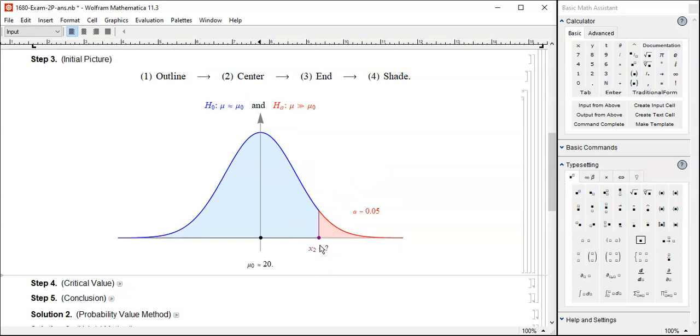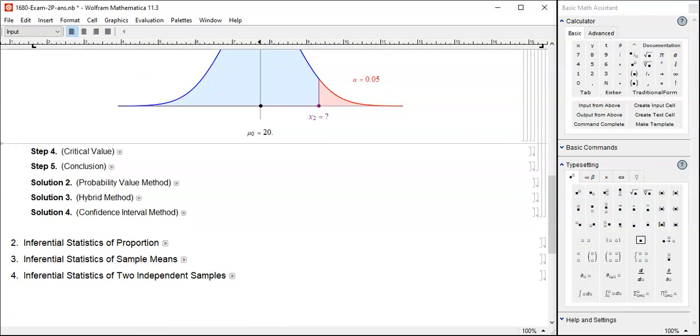Once this is found, then I can compare that with the sample mean of 24.5. If 24.5 falls here, then it's close to null, so null wins. If 24.5 goes over there, then it's too far from the null, so null loses, reject null. That's the main idea. So let's look for this.